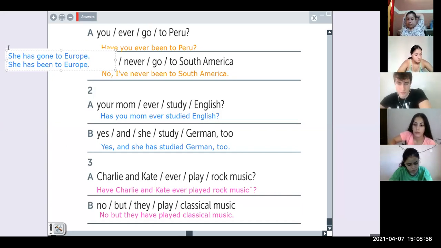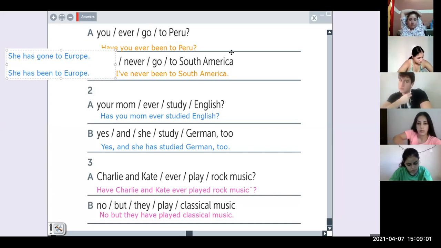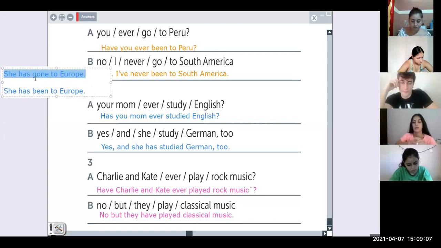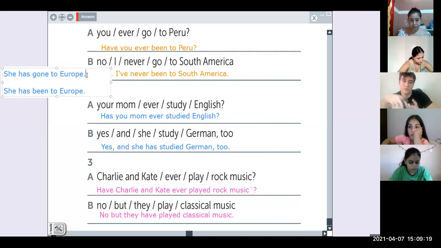Ok. En la primera oración, ella continúa en Europa. Imagínense que es la mamá la que está hablando con su amiga y le habla de su hija y le dice, she has gone to Europe. Mi hija se ha ido a Europa. Y ella continúa en Europa. ¿Ok? Pero cuando dice she has been to Europe, significa que ella fue.